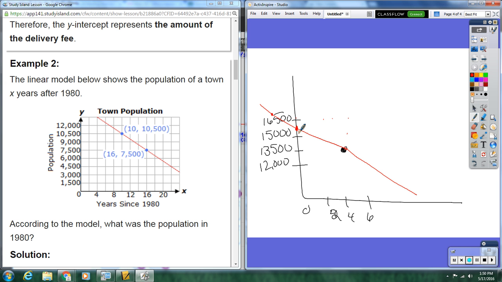Yeah, so go to your calculator. This is just like a table. They gave us those 2 points, 10, 10,500, and 16, 7,500. So let's put those in.